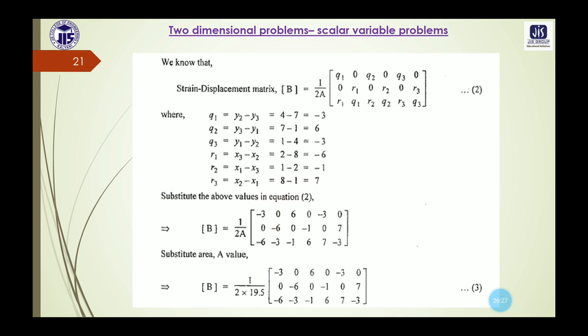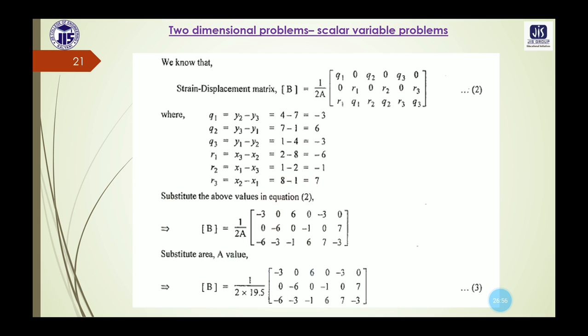Next we need to find the strain displacement matrix B. The formula is 1 by 2A multiplied by a 3 by 6 matrix, where the parameters q1, q2, q3, r1, r2 and r3 appear. So we need to write the formulas: q1 is y2 minus y3, q2 is y3 minus y1, and so on.